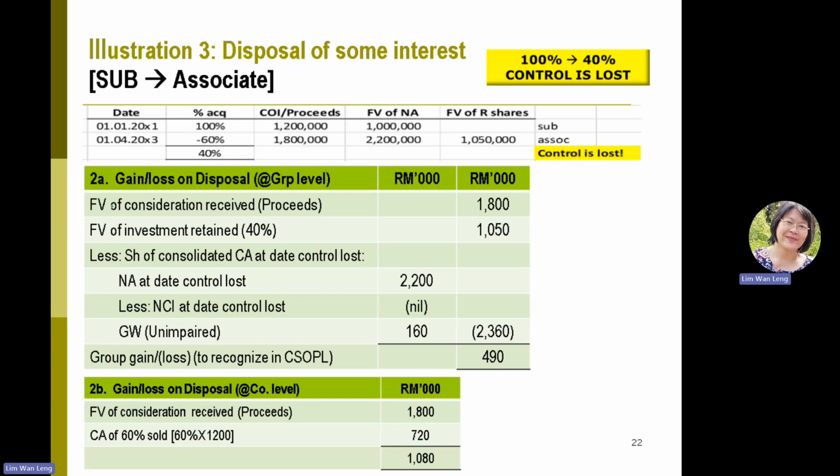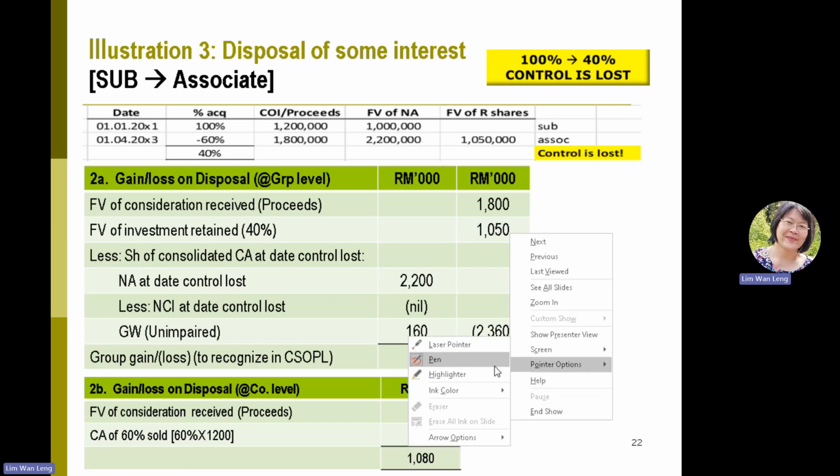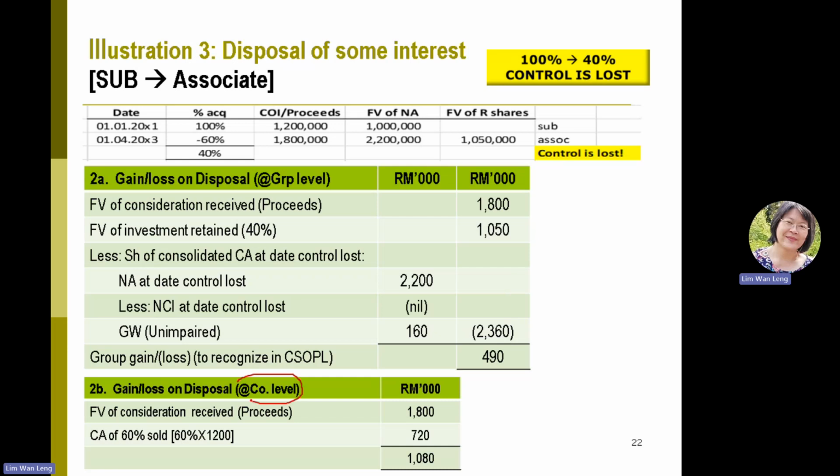Then the same tabulation we bring here. Of course you need to calculate gain or loss on disposal, right? This time we split it into two. The bottom one is at company level, that means the holding entity's financial statement. How much was the proceed from the disposal? 1.8 million.